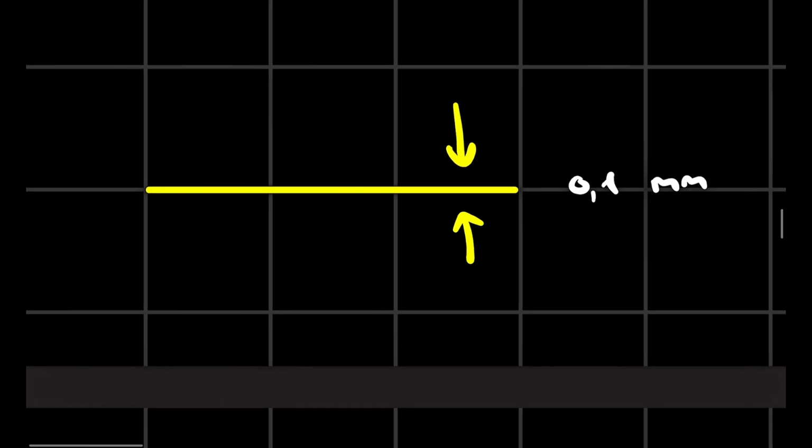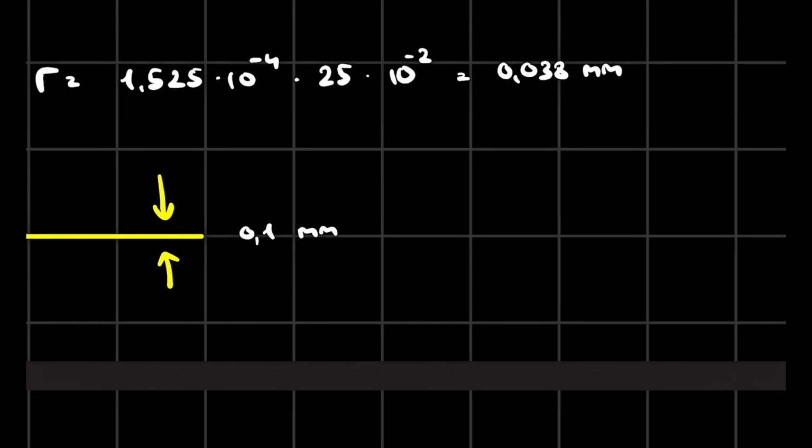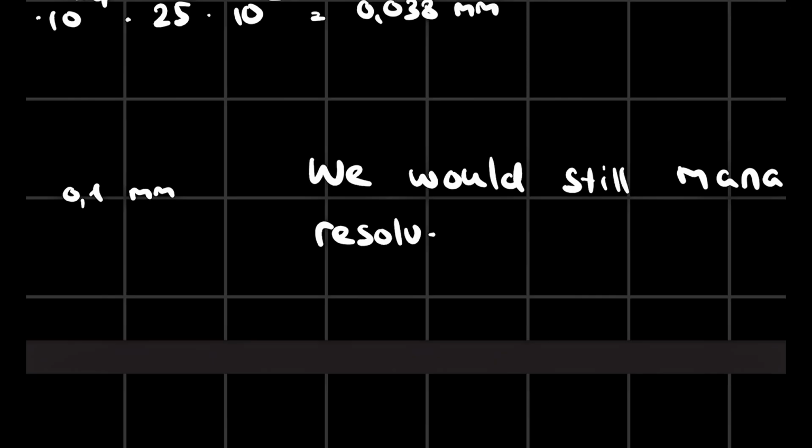It means that if we have something very small like this, and its width is just 0.1 millimeter, then if we are looking at this thing from 25 centimeters, we would still manage to resolve 1/3 of this object.